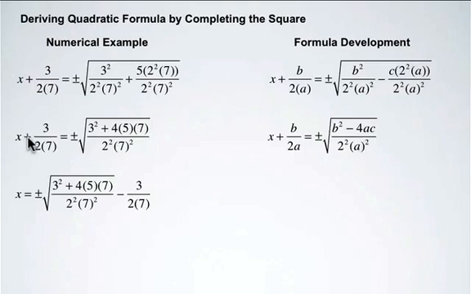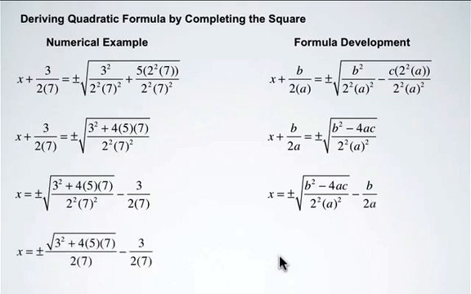Next, we are going to subtract 3 divided by 2 times 7. We subtract it from this side, and it disappears. And we subtract the same on this side. So that looks like subtracting b divided by 2a. Now we just need to tidy things up on the right-hand side.